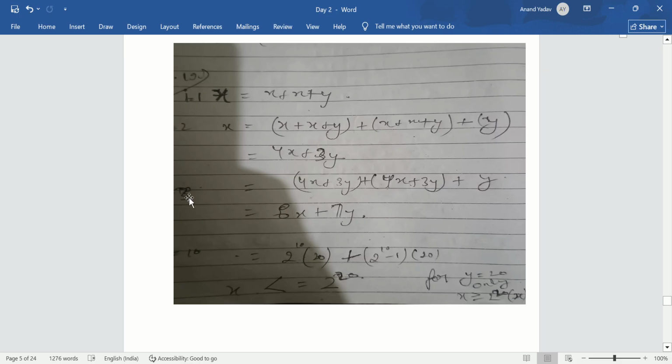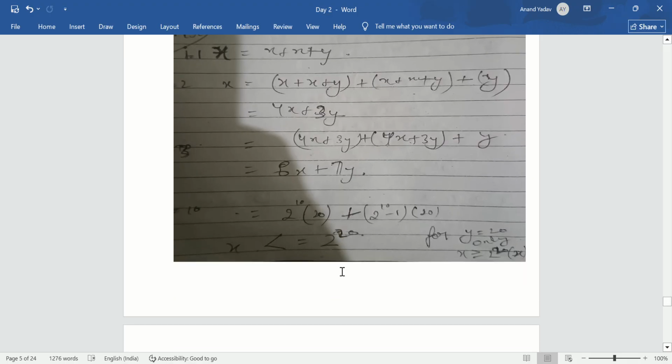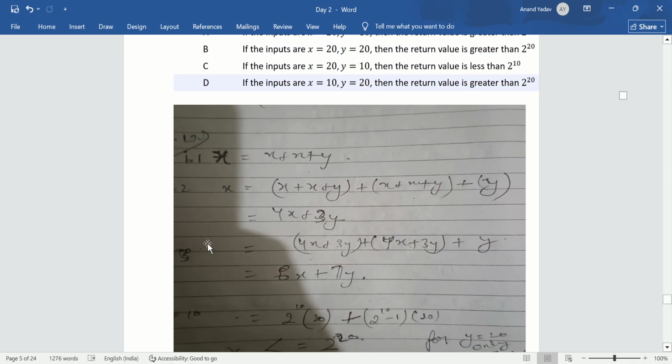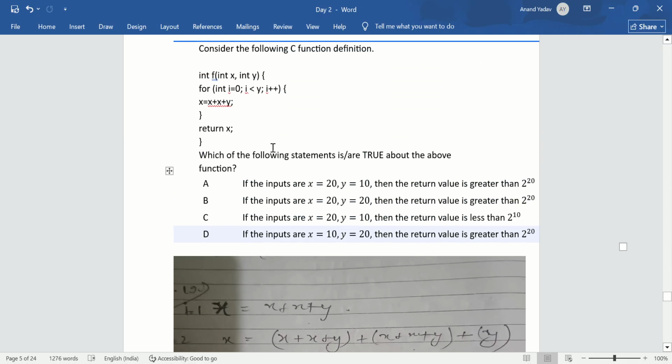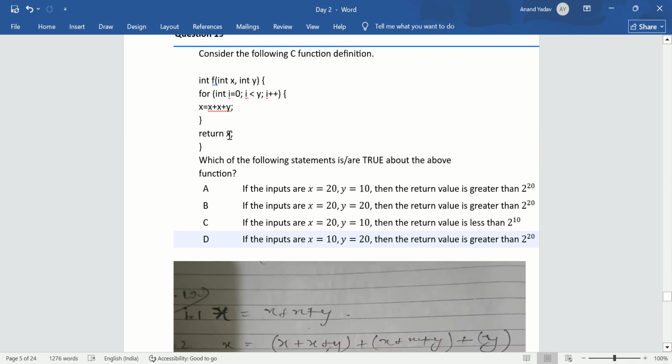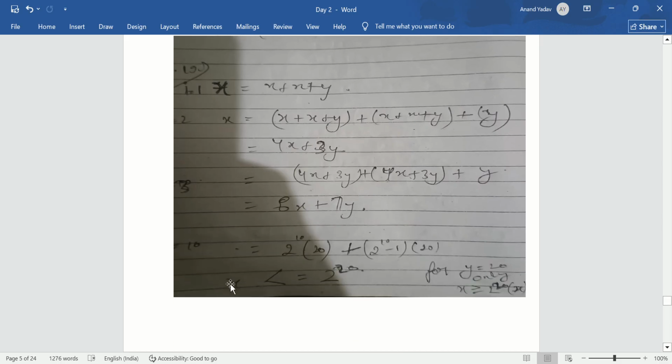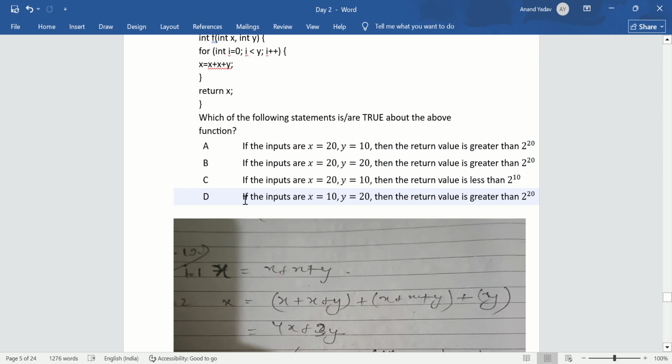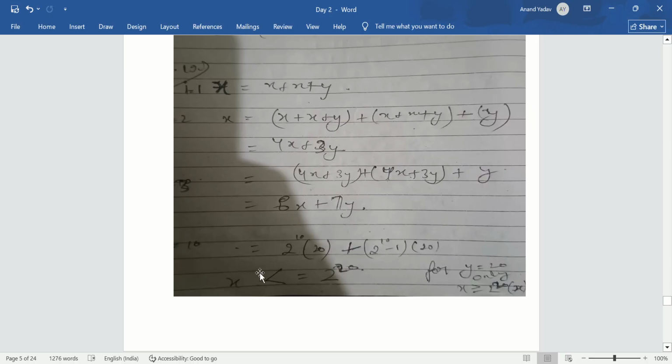When I is equal to 10, I see the relation 3 and 2 power of 3. So if it is 10, then 2 power of 10 will be here. And this is the for loop up to 10 or up to 20. When y is 20 it will continue going on 20, and if it is 10 it will go on 10.